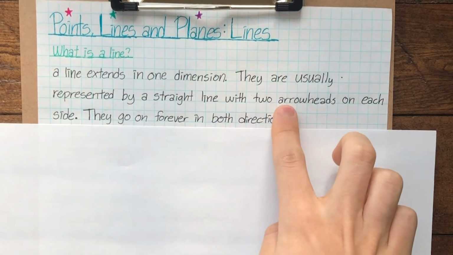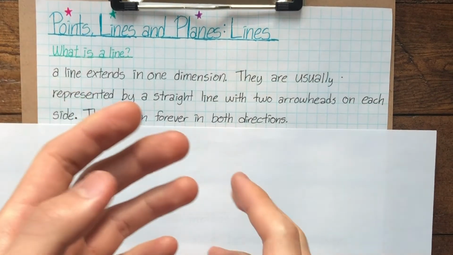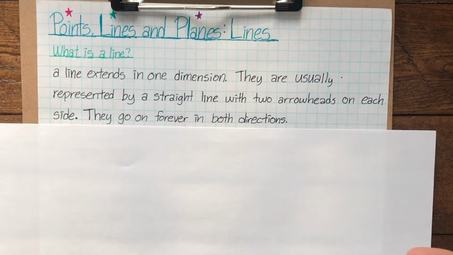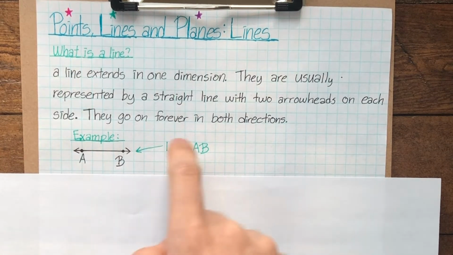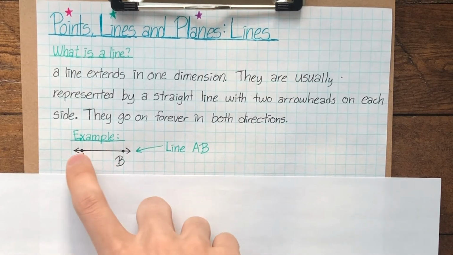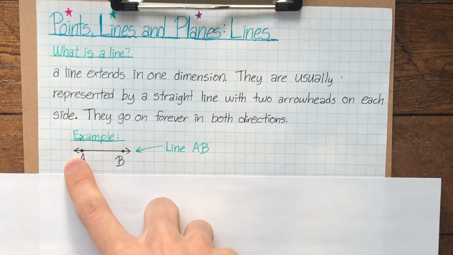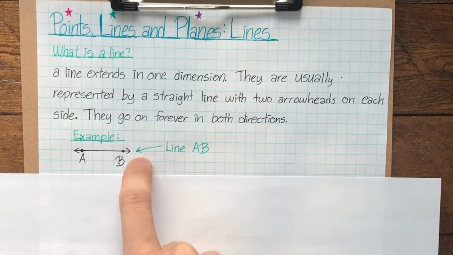If they have two arrowheads on both sides, that indicates that the line goes on forever. But of course, it's impossible to draw something that goes on forever, so that's just how they're drawn. An example of a line is this. This is line AB, because there are two points, A and B. As you can see, it's just straight, and there are two arrows indicating that it's a line and it goes on in both directions forever.